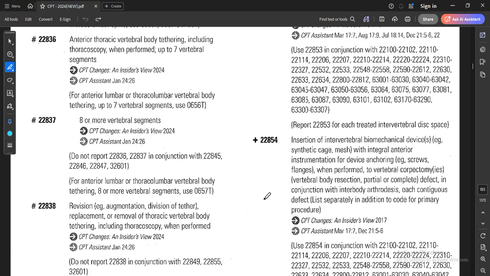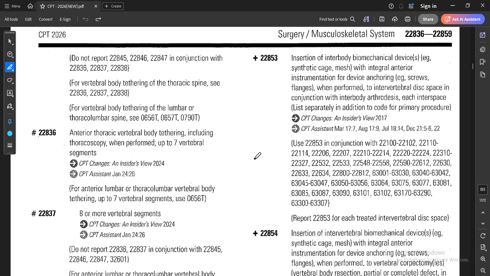See here, report 22853 for each treated intervertebral disc space. So if the patient has T1 to T4, how many times will you use 22853? 3 times, perfect. Why? Because our code description says each interspace, so there are only 3 spaces.